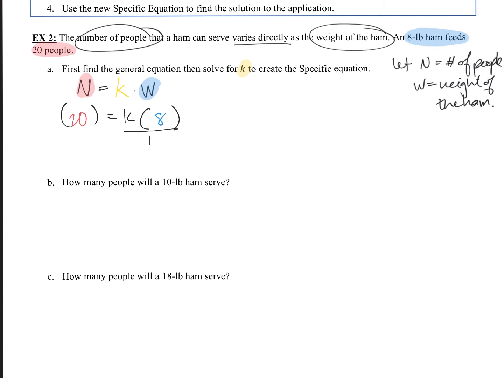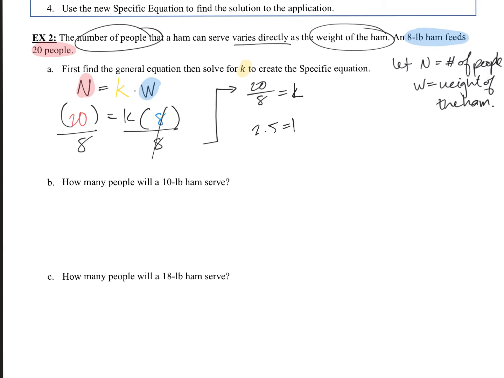Let's go ahead and divide by 8 on both sides. So dividing by 8, we'll end up with 20 divided by 8 equals k. And then that's 2.5 equals k. Okay, so we found k.